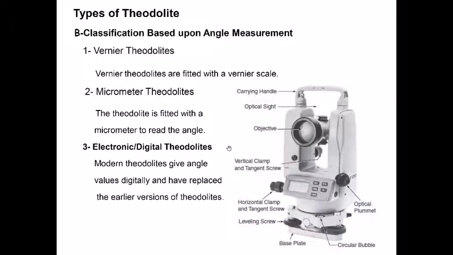Now, transiting means you rotate your telescope through 180 degrees so that now the objective would be towards the other side, the eyepiece would be at this side, and the observer would have to move around the instrument to this side, and now the sight would be into the paper in this direction. So when you rotate your telescope through 180 degrees, that is called transiting.